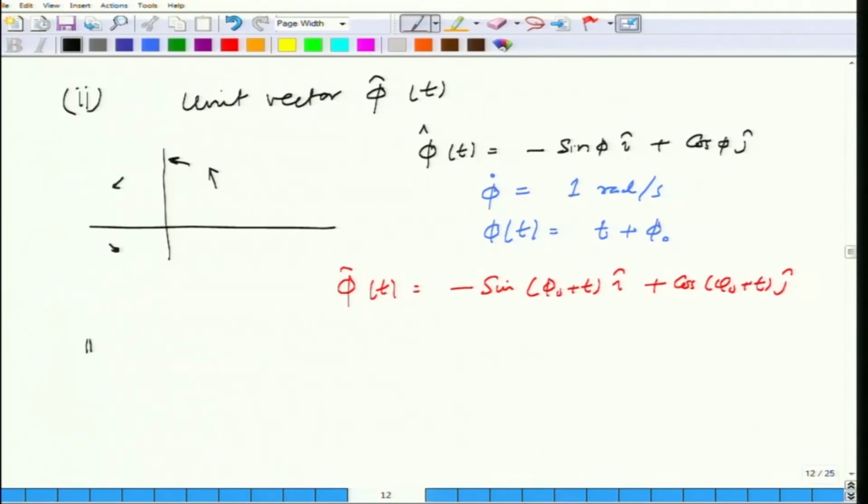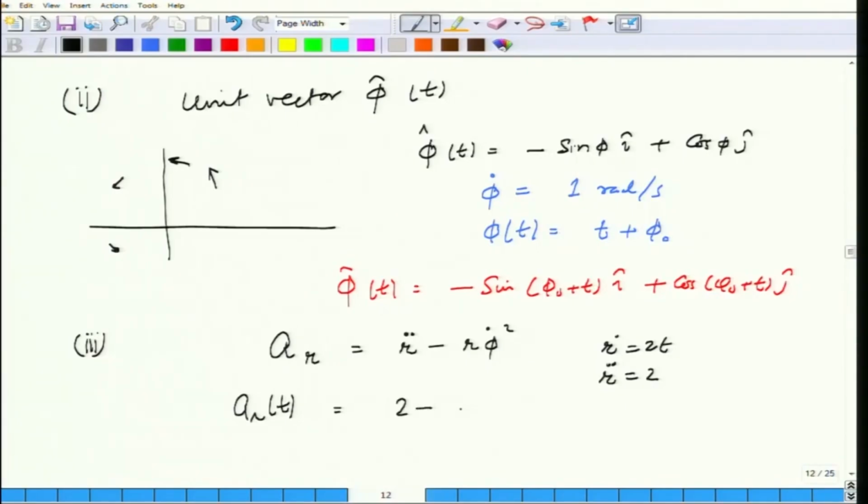Third part, I want to find the distance at which the radial acceleration is 0. Now recall that radial acceleration is given as r double dot minus r phi dot square. I am given that r dot is 2t, and therefore r double dot is 2, and I can therefore write a_r as a function of time is equal to 2 minus r, which is 1 plus t square, which I have already calculated, times phi dot square, which is 1.